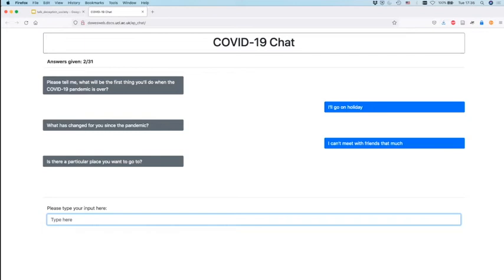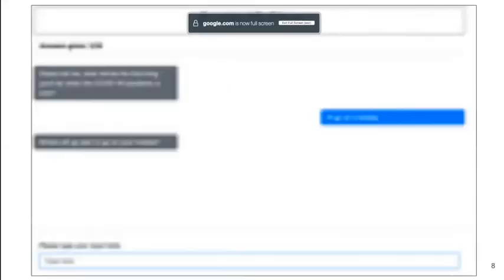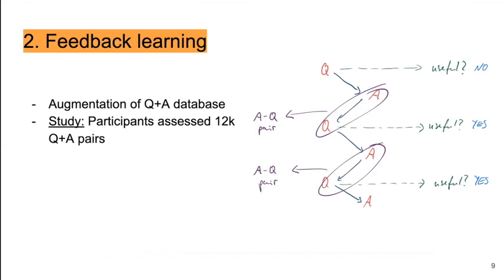I could say the Netherlands. Why Canada? So you see, it sometimes gets it wrong, and we'll come back to why it does that in a second. Now let me continue, because we don't want to spend too much time with it. This is the interface. You can try it if you want to have a look at this.